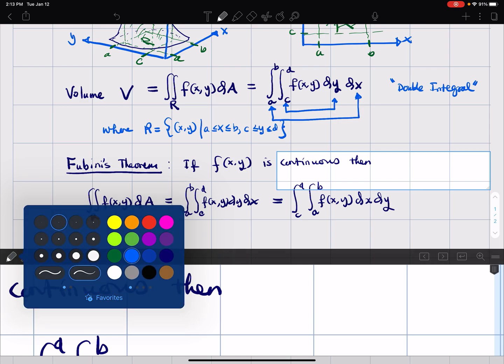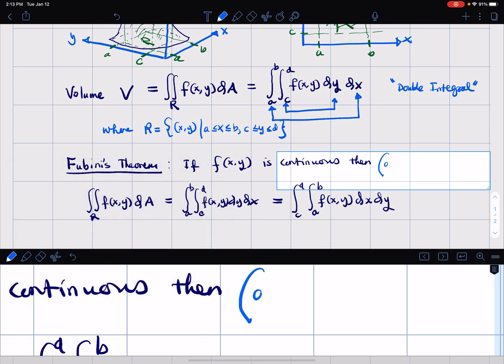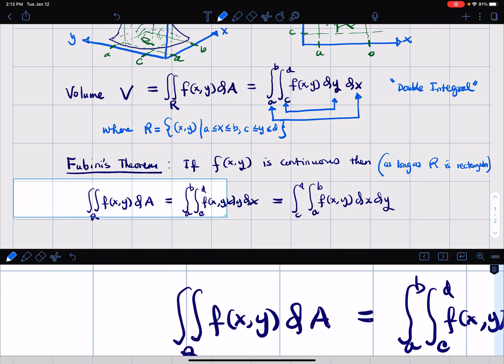I'm going to put in parentheses here, as long as R is rectangular. Why? We're going to also encounter regions that are not rectangular. But if it's rectangular, it doesn't matter. Okay.